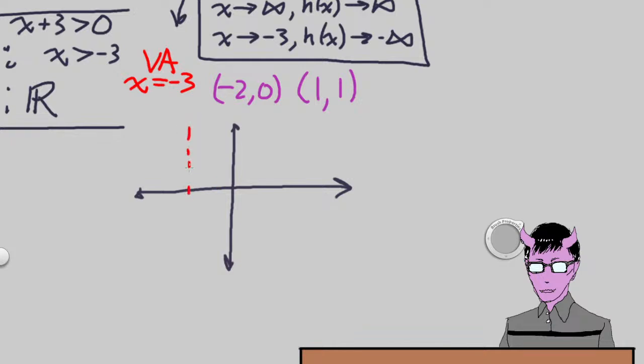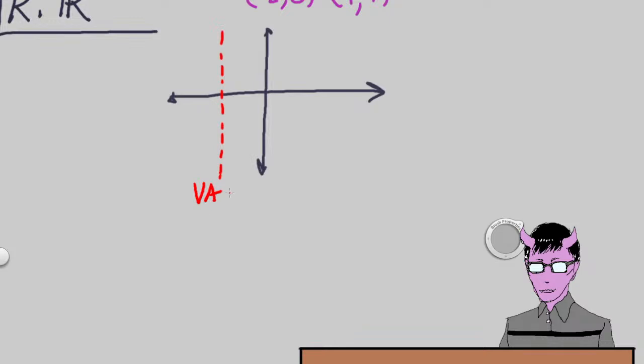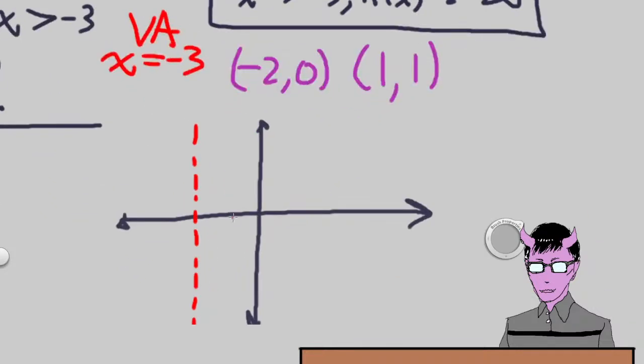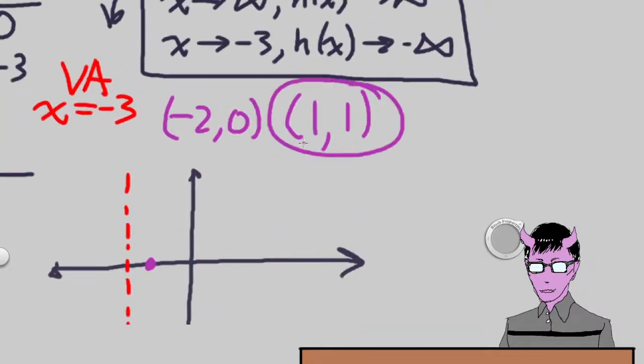Please do dashed lines. VA, where is our wall? Our wall is at x equals negative 3. Anchor point number 1. Anchor point number 2.